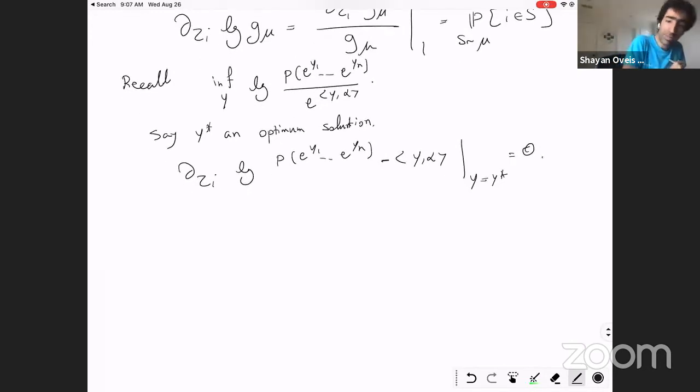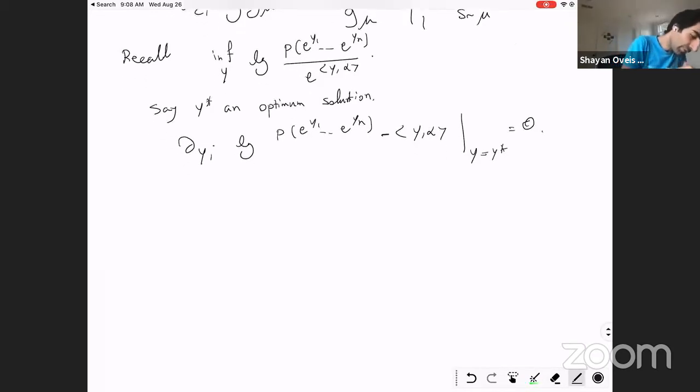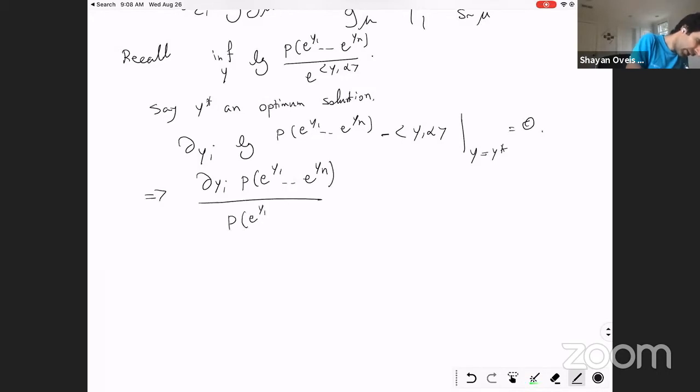Let's take the partial yi, sorry, it should have been partial yi, not partial z. So let's take the partial yi of the thing inside. Therefore, partial yi of p of e to the y1 up to e to the yn over p of e to the y1 up to e to the yn, if you evaluate it at y equal y star, must be equal to alpha. Okay, this is equivalent to the previous thing.